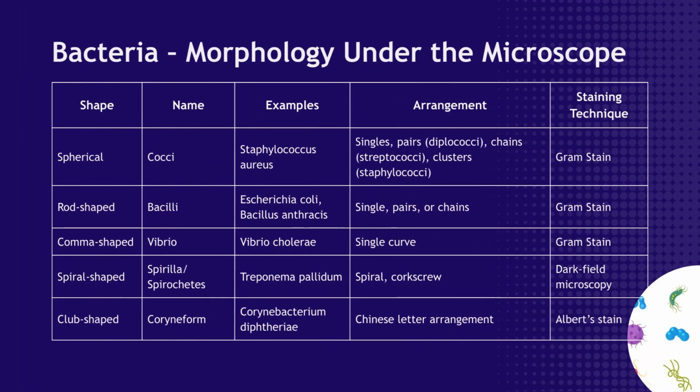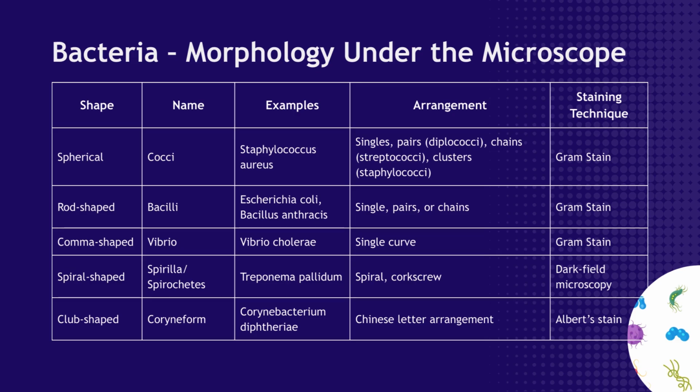Bacteria, morphology under the microscope: shape, name, examples, arrangement, staining technique. Spherical, cocci, Staphylococcus aureus; singles, pairs, diplococci; chains, streptococci; clusters, staphylococci; gram stain. Rod-shaped, bacilli, Escherichia coli, Bacillus anthracis; single, pairs or chains; gram stain.